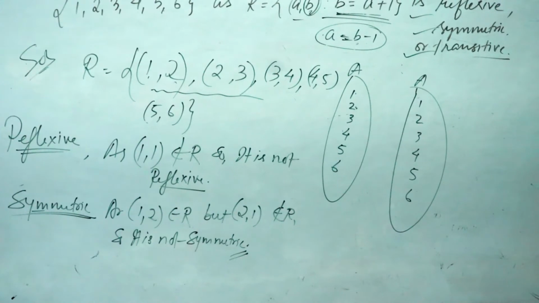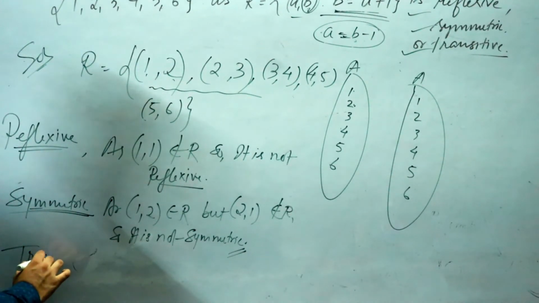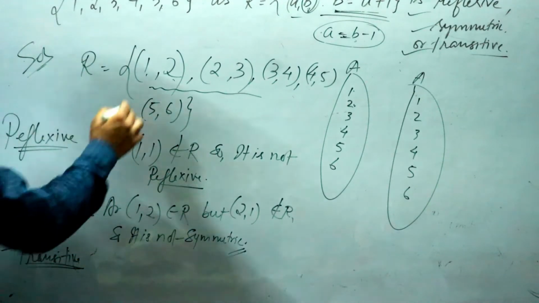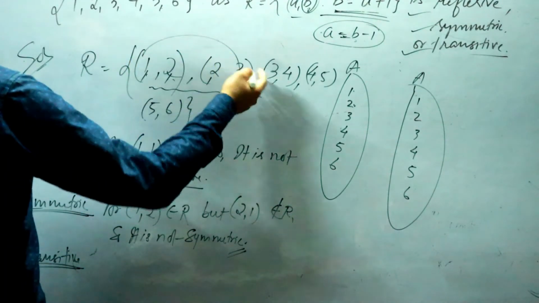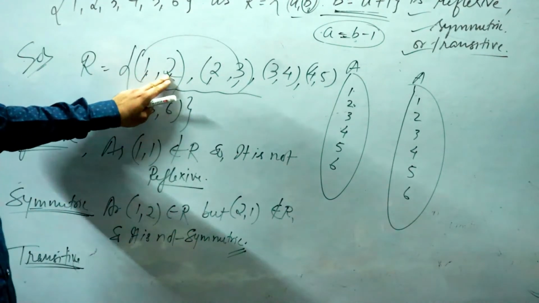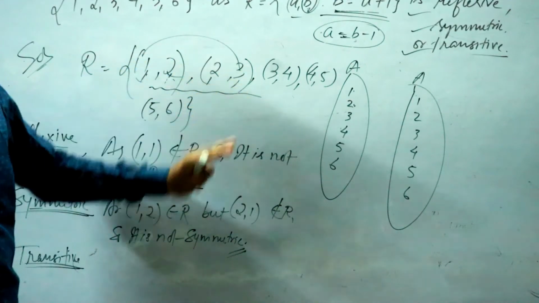Now let us go on proving the third part, that is transitive. You can see (A, B), (B, C), but (A, C) is not there. You get it? (1, 2) is (A, B), (2, 3) is (B, C), and they are present, but (1, 3) is not present here.